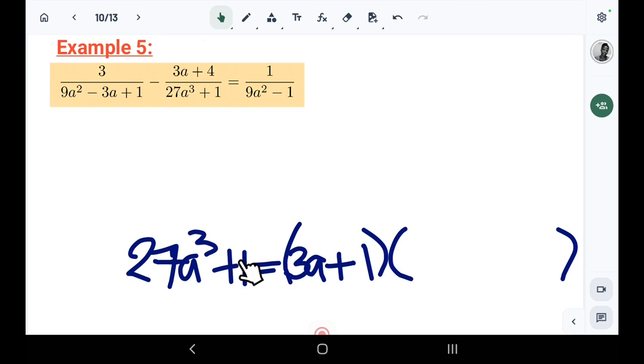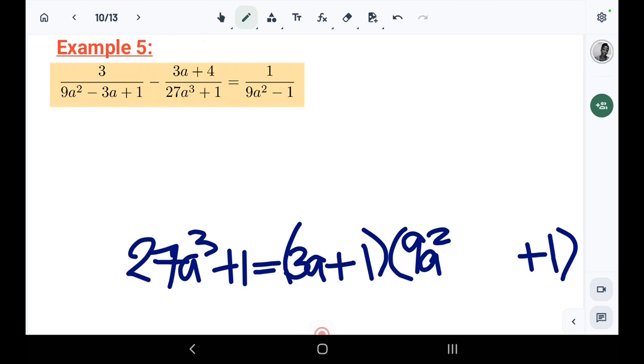Now what you put here is the square of this cube root. The square of 3a is 9a squared. On the last term, we'll put a plus, the square of the second term. The square of 1 is 1.